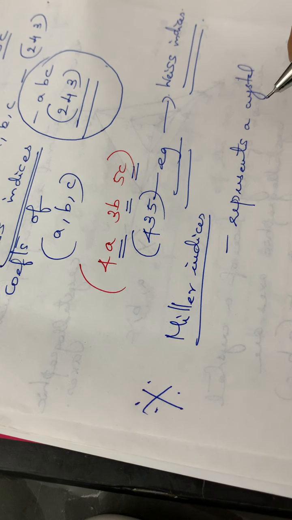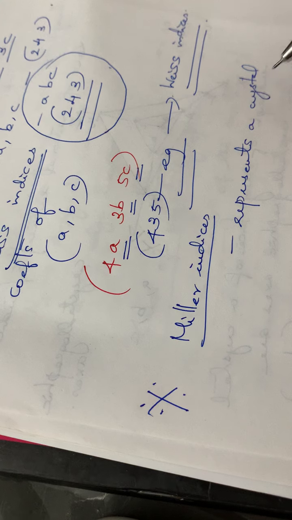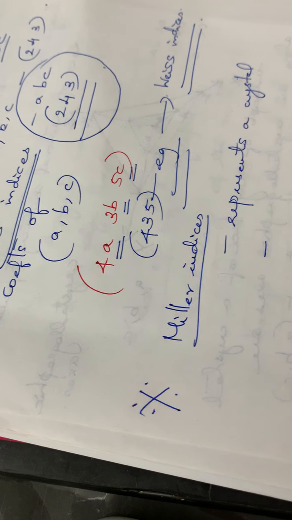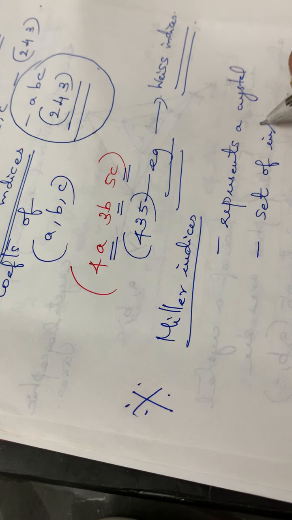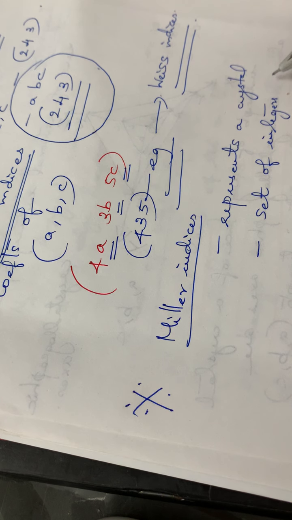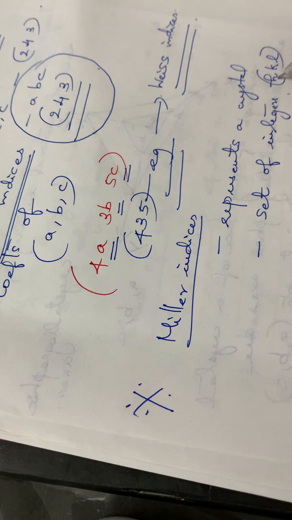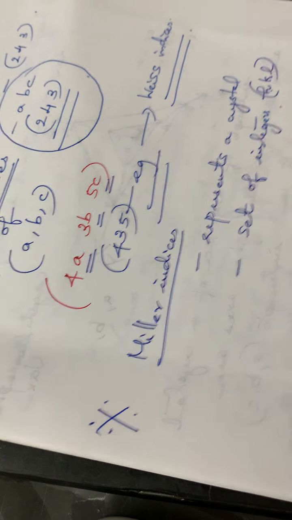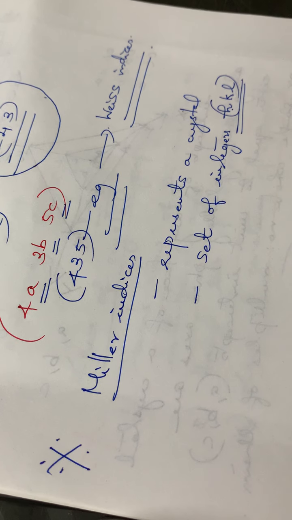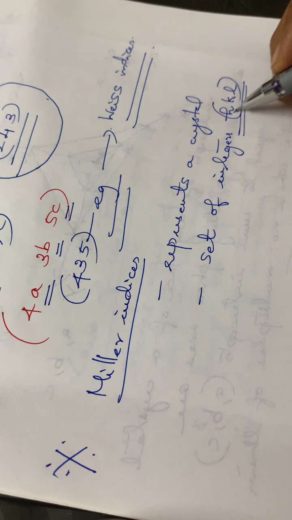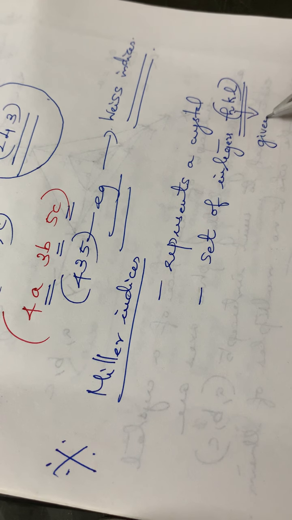Miller indices have a set of integers, and the integers we denote by the letters H, K and L. So Miller indices are represented by a set of integers H, K, L, and are used to describe a given plane in a crystal.